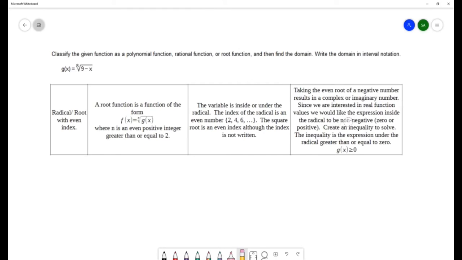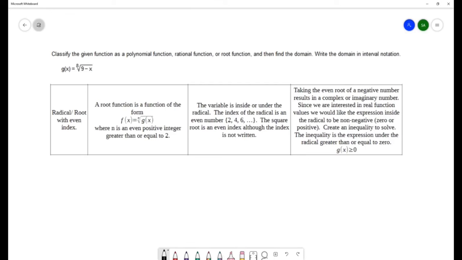We want only non-negative values, 0 or positive. So when we're trying to find the domain, we're going to create an inequality where the expression underneath the radical is greater than or equal to 0. And when we solve that inequality, it will lead us to the domain.